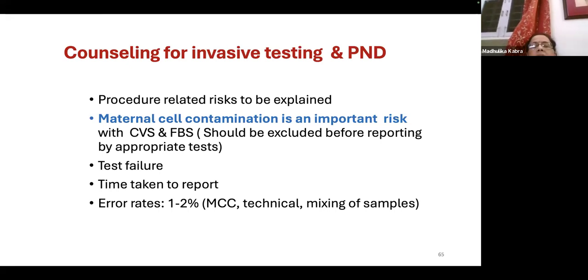But maternal cell contamination testing, particularly in chorionic villus biopsy, we usually do not do in amniotic fluid. It has to be done before we give the report, and you should make sure any report which you are getting from any center should also have the report of maternal cell contamination, because that is obviously going to give you a wrong report if it was all maternal tissue and no fetal cells. Next slide.